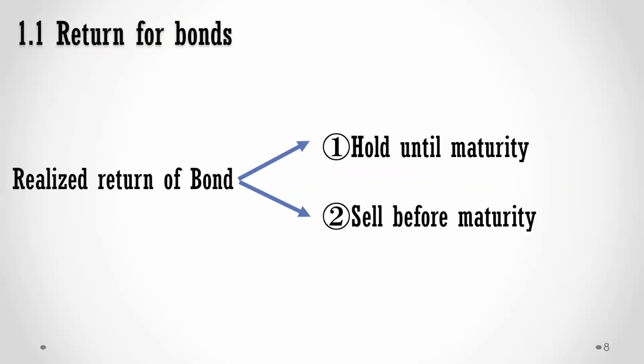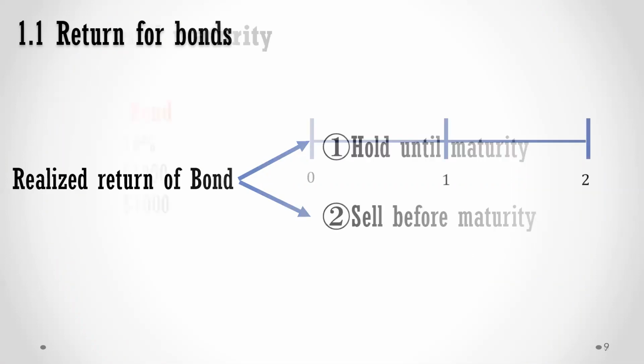Another case is you don't necessarily need to hold the bond until maturity. Especially when the bond yield declines, the bond price will increase. In this case, you'd better sell the bond and realize the capital gain. So let's discuss one by one, okay?